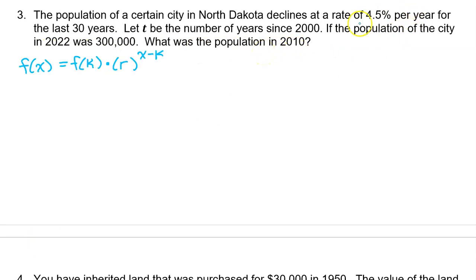When the output values change at a constant percentage rate, the function is exponential, so we will use the exponential model. In 2022, the population was 300,000, so f at 22 equals 300,000. We are being asked for the population in 2010, so we are looking for f at 10.